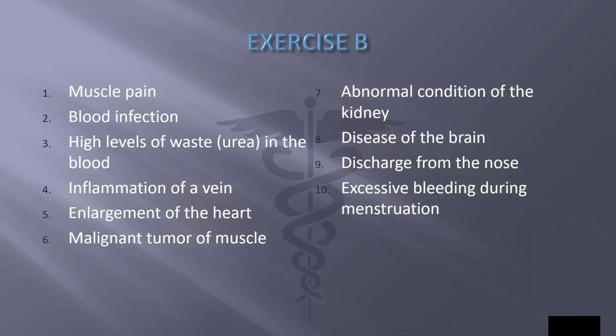Number 6, myosarcoma, malignant tumor of muscle. 7, nephrosis is abnormal condition of the kidney.